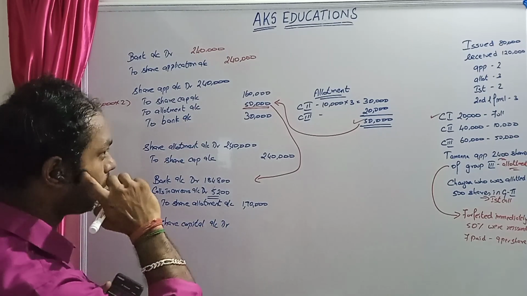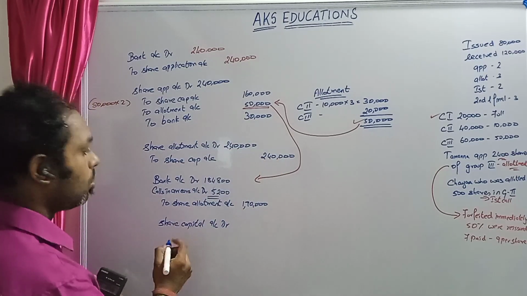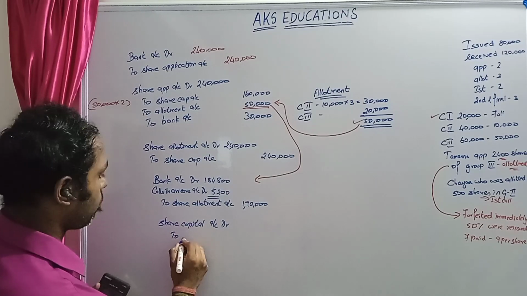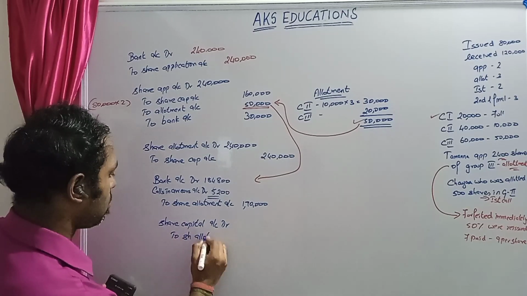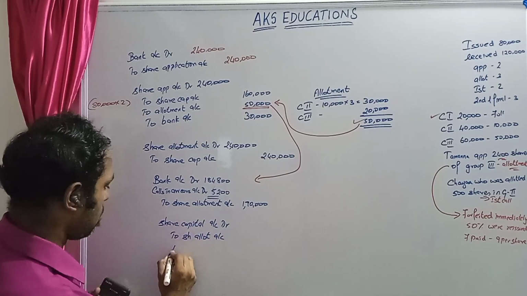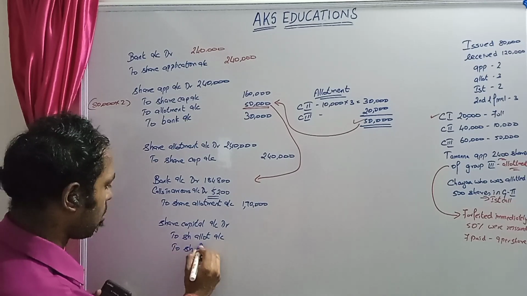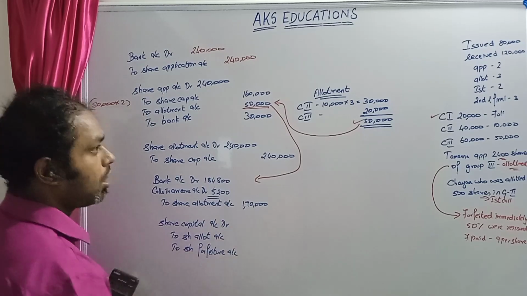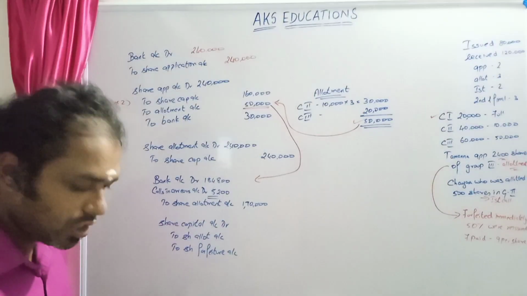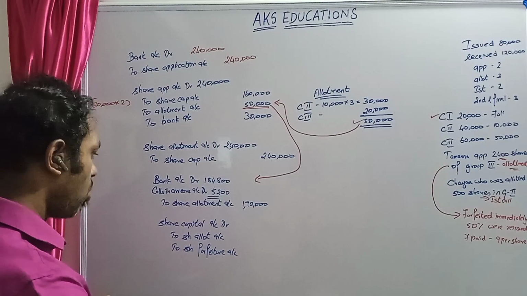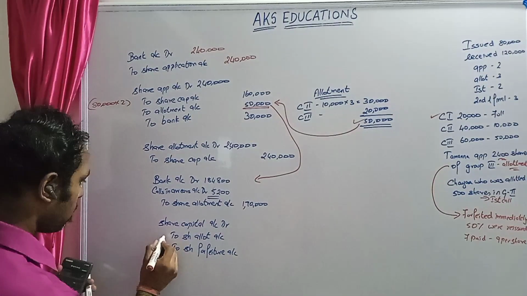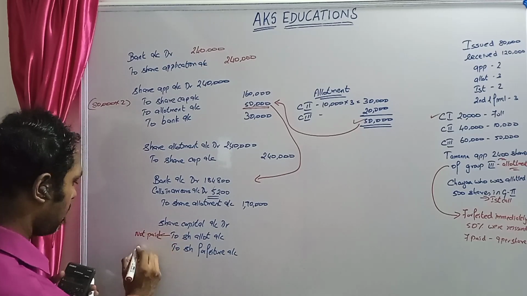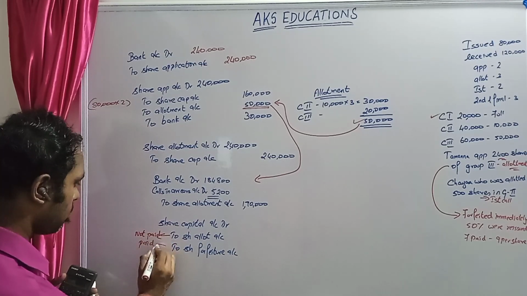So whatever is not paid, to share allotment account, to share forfeiture account. So forfeiture is the content which is paid and allotment is which is not paid.